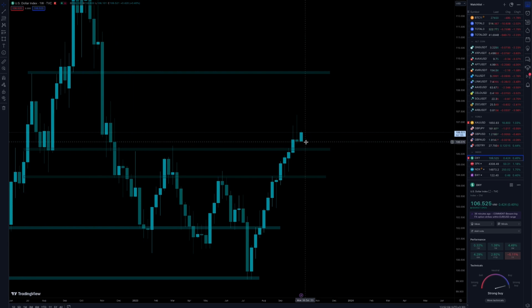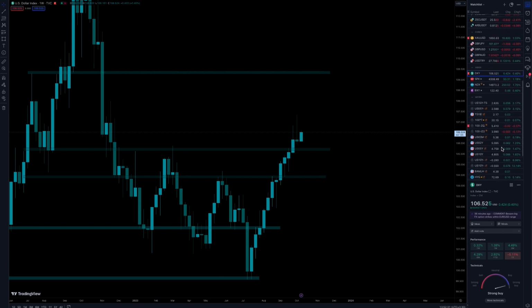The DXY is a basket of currencies, of which the dollar is one, compared to a few other major currencies. So if any of those other currencies get stronger, it can impact this. And also the political problems that are happening can do that.